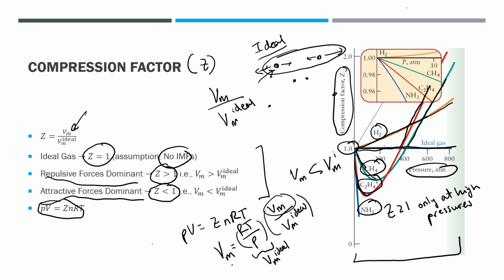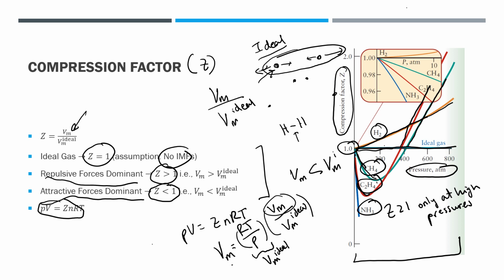And this is due to the attractive forces of hydrogen actually being really, really weak. Because hydrogen only has 2 valence electrons, right? If we think about the Lewis structure of hydrogen, we only have 2 bonding electrons, right? And because there's so few valence electrons, the polarizability of hydrogen is very, very low.